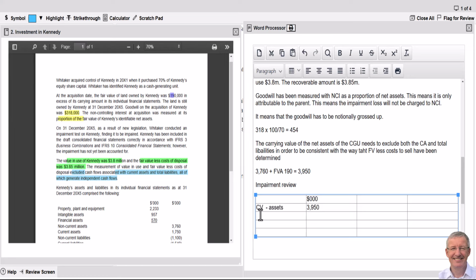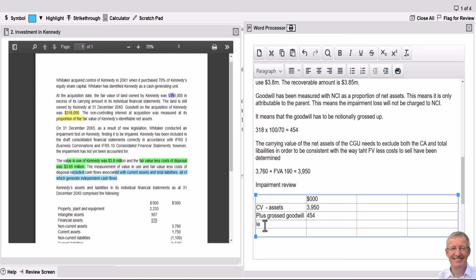We then have the grossed up goodwill, which we've already calculated to be 454, and then we can aggregate these together if we want to.